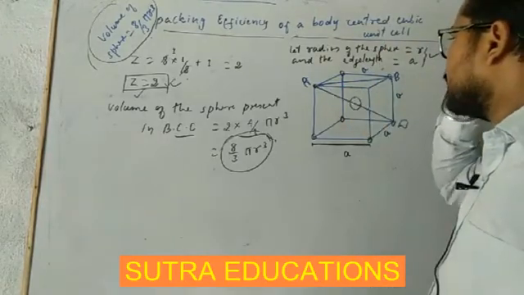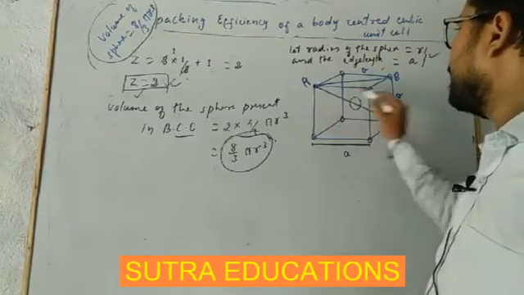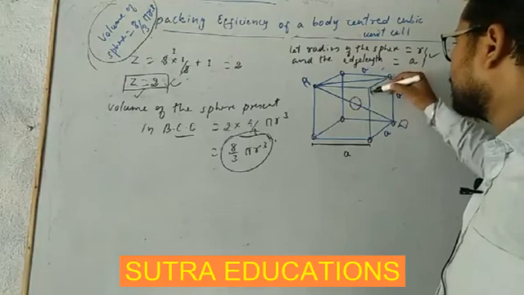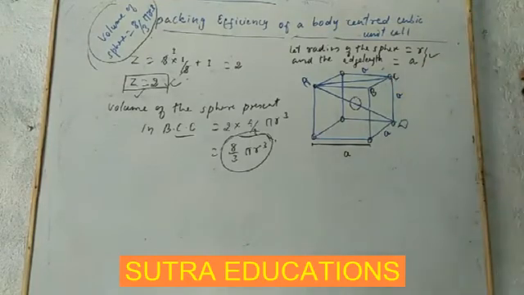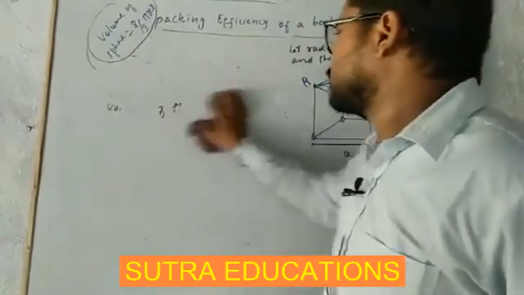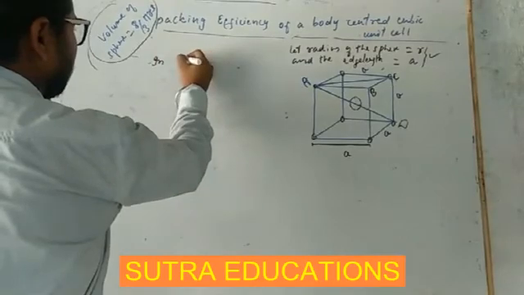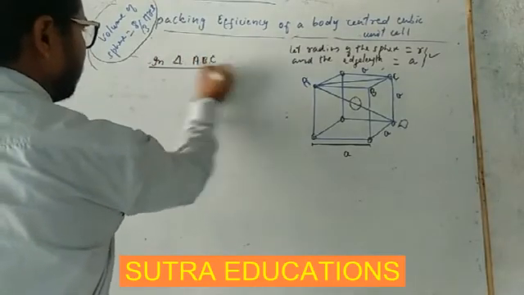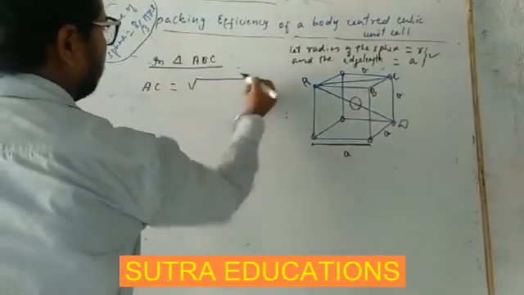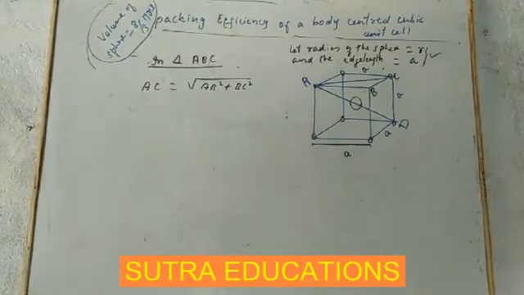So we will consider triangle ABC. So write here, in right angle triangle ABC, AC will be equal to under root AB square plus BC square using the Pythagoras theorem.